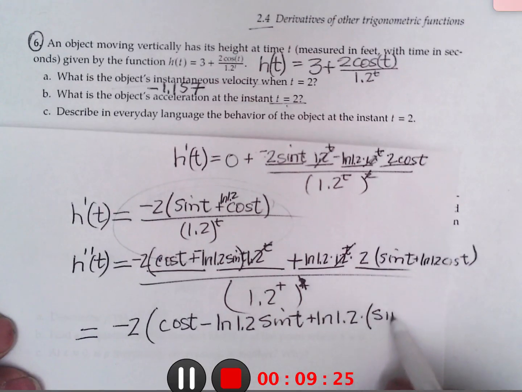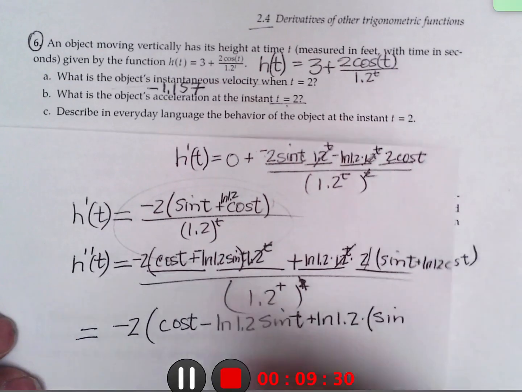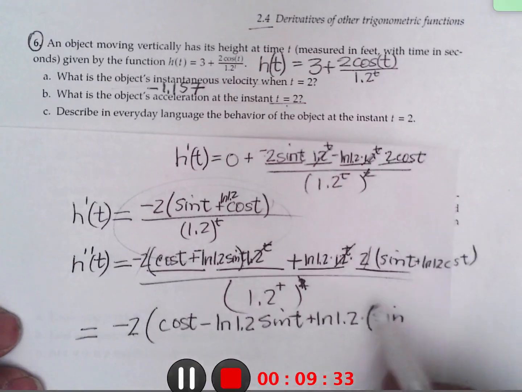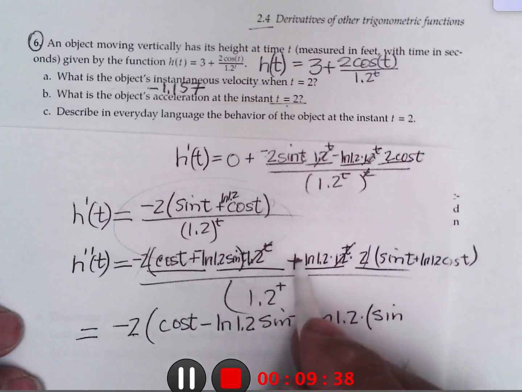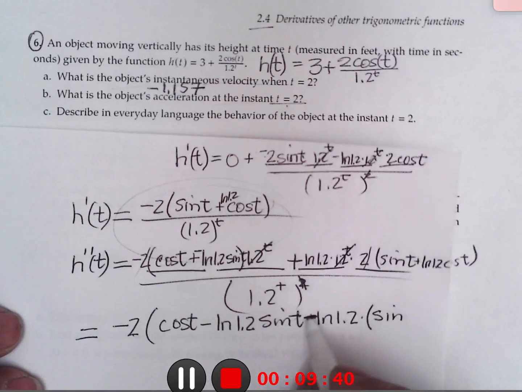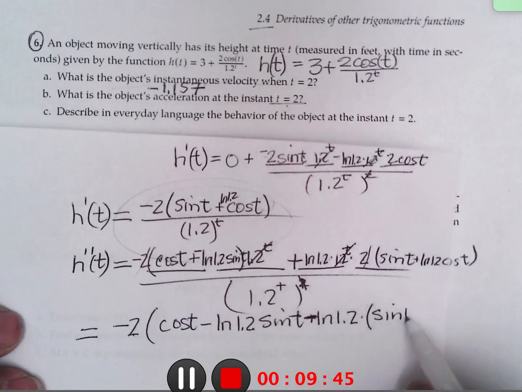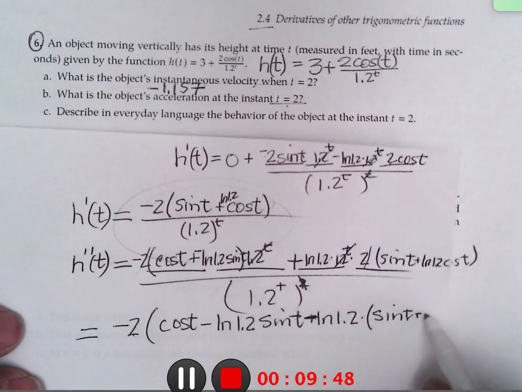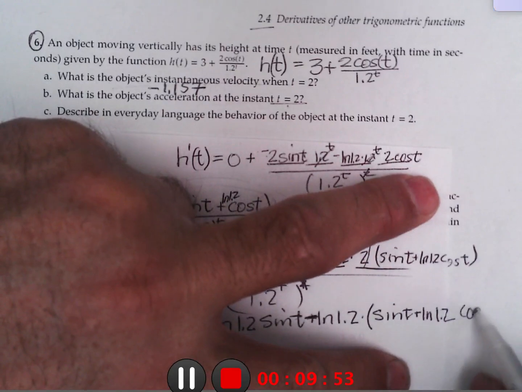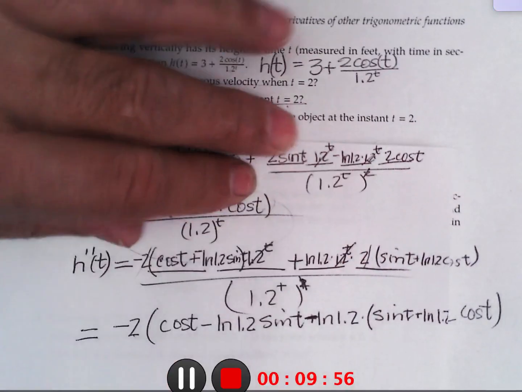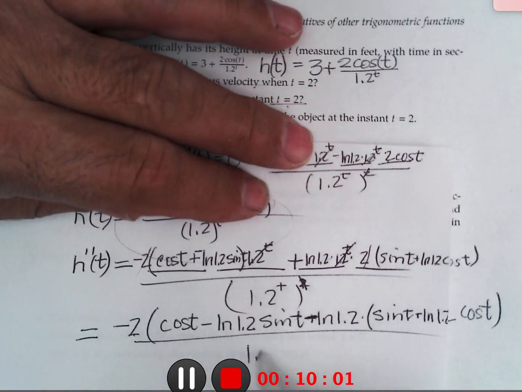I took the 2 out and then 1.2 to the t out. My mistake, I'm factoring out a minus 2 from this, and that isn't minus, so that makes that minus: minus ln 1.2 sine of t, plus ln 1.2 cosine t, over 1.2 to the t.